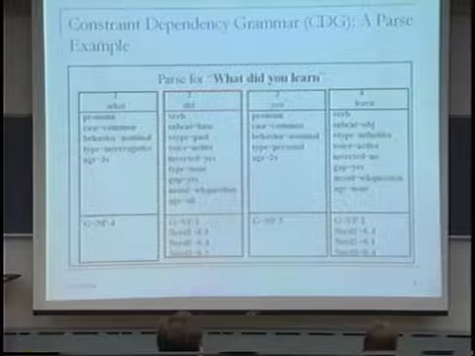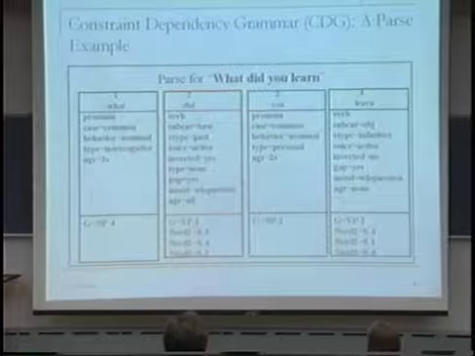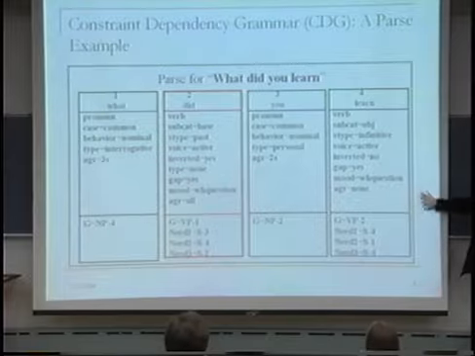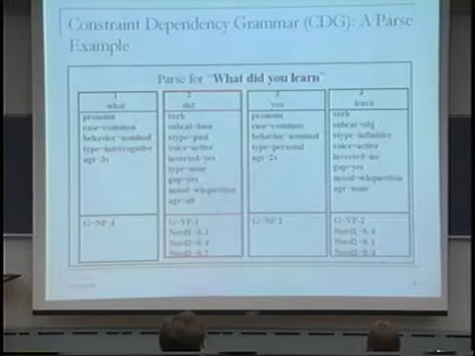Sometimes the needs are empty. So if you look at "what did you learn," need 3 is empty. Need 1 is pointing to the word in position 3, and that's its subject. And need 2 is pointing at learn, and that's the needed base form, infinitive form verb.